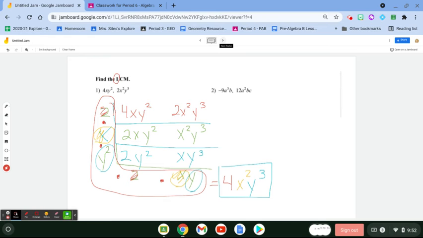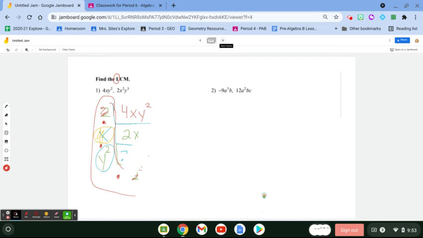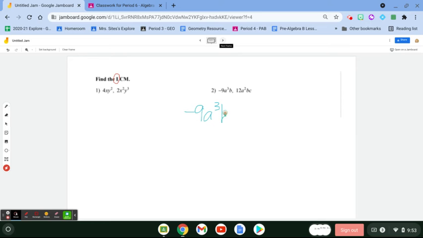Okay, I'm going to erase this just to get some space. So let's take a look at question 2. Remember the L. All right, we have negative 9a to the third b and 12a squared bc.